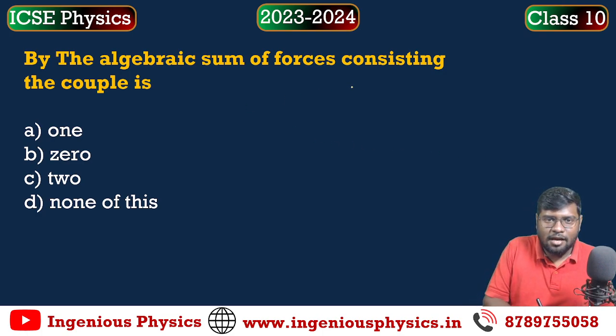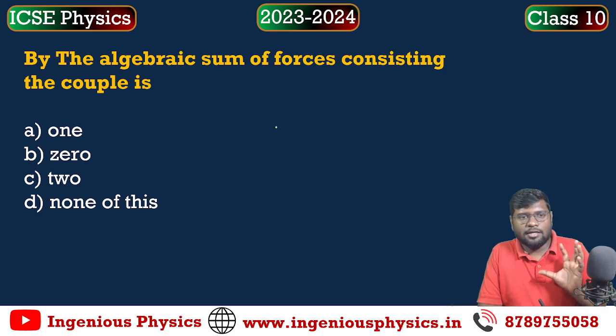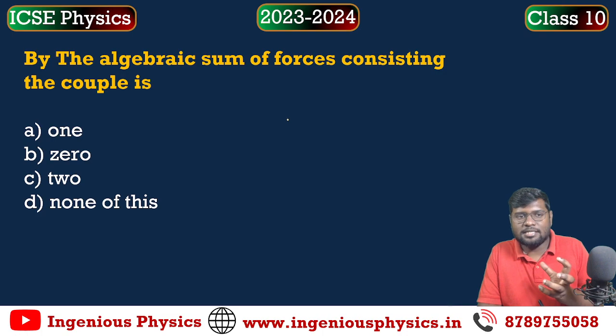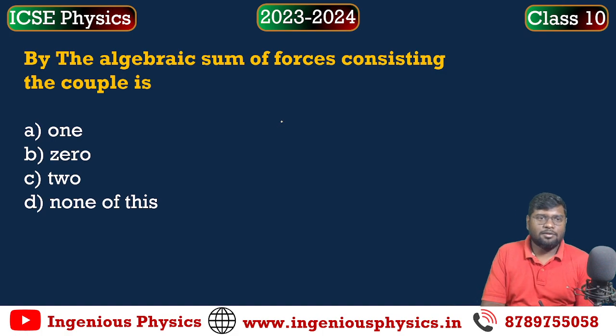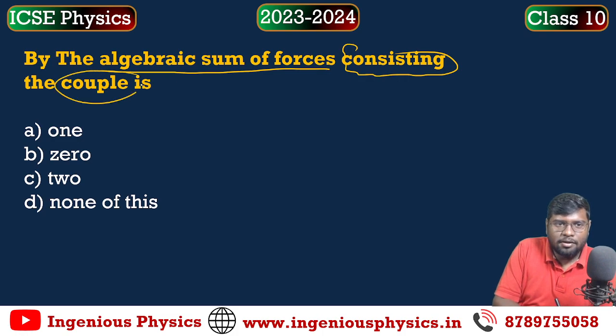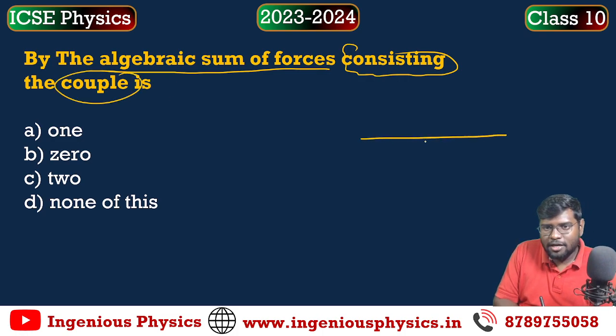The algebraic sum of forces constituting the couple is 1, 0, 2 or none of these, right? So what will be the correct option? We know that for a couple, suppose I take a straight bar like this and apply a force F here, then we have to apply the same force like this, but the line of action will be different, right?